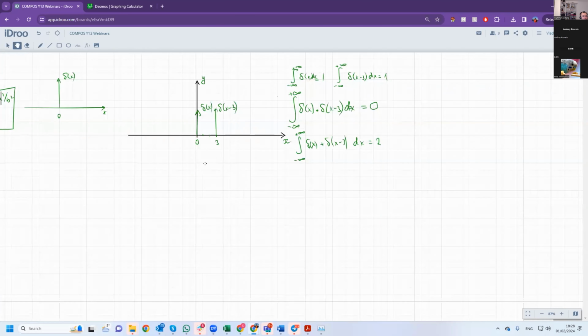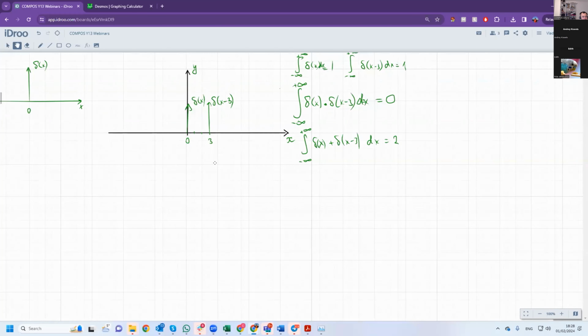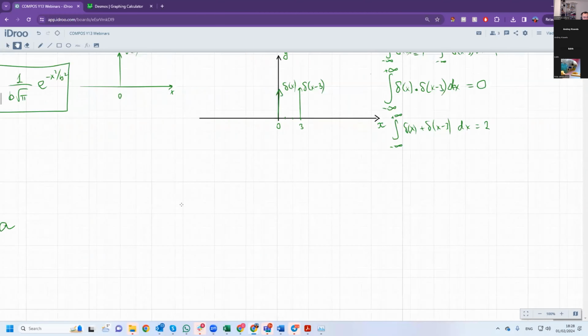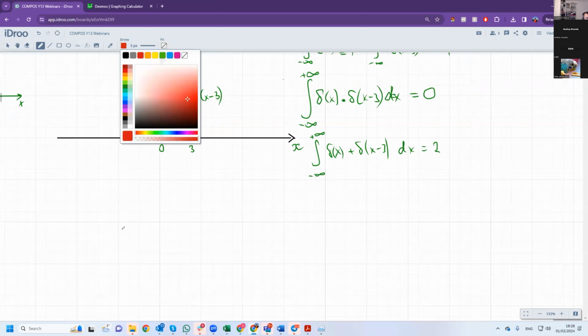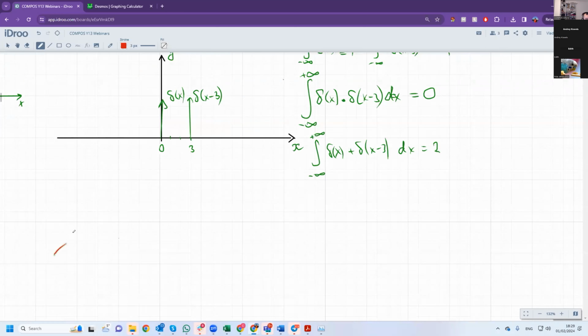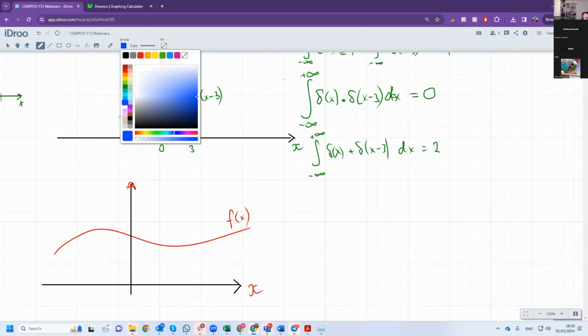Okay. Now, if you were having a function, let's say this is f of x, and you have delta x, which is this one.